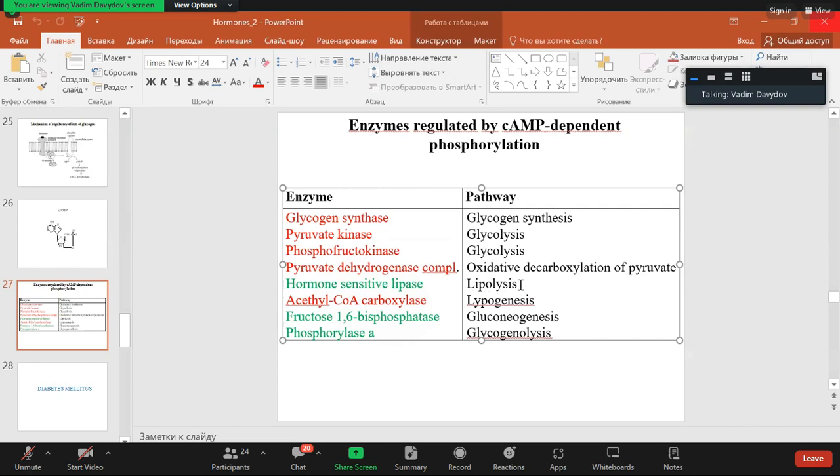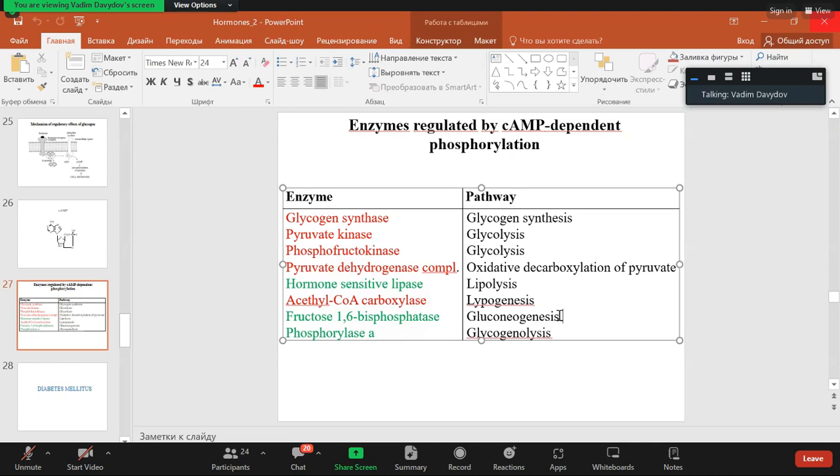Lipids undergo breakdown into fatty acids, which are involved in beta oxidation and release a lot of energy, which accumulates in ATP, and ATP is involved in the process of gluconeogenesis. On the other side, glucagon activates proteolysis, resulting in release of amino acids, and those amino acids may be involved in gluconeogenesis too.